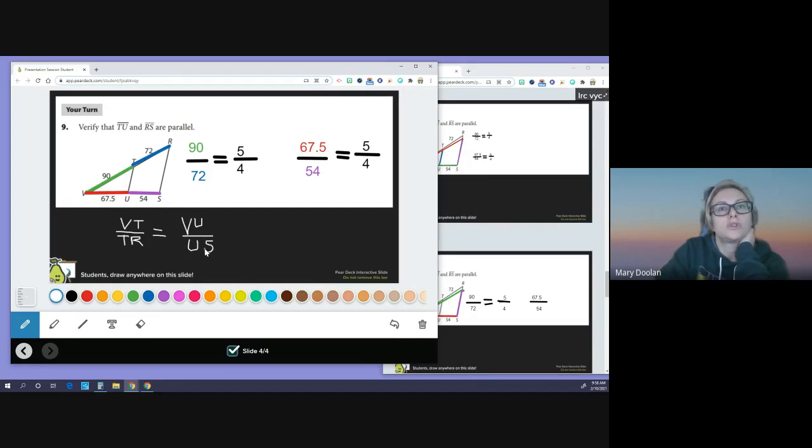So since we showed that they are in fact equal, 5/4 equals 5/4, this implies that RS and TU are parallel. TU and RS. And to do the parallel, we put the two vertical lines like that. Since we showed this to be true, because 5/4 is 5/4, that means that those two sides are parallel.